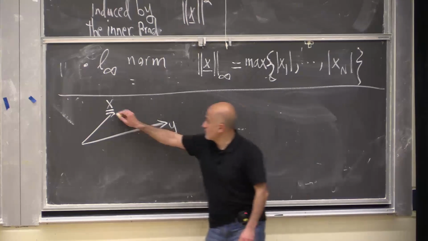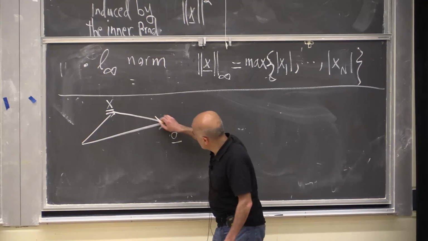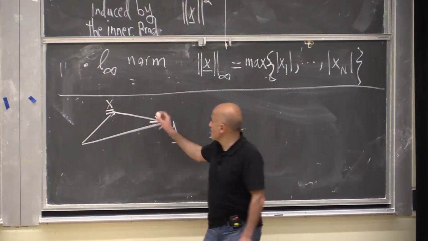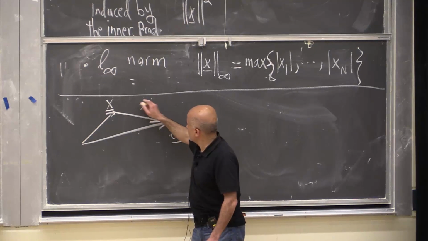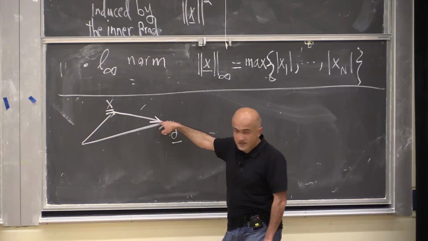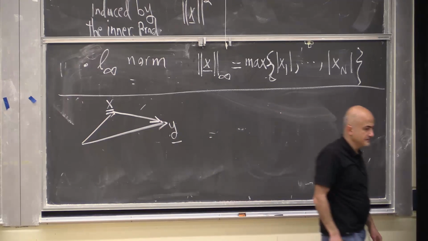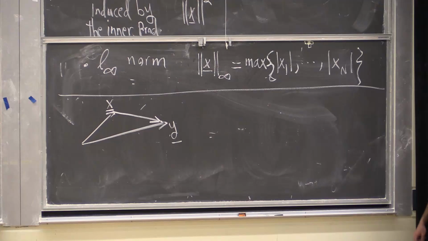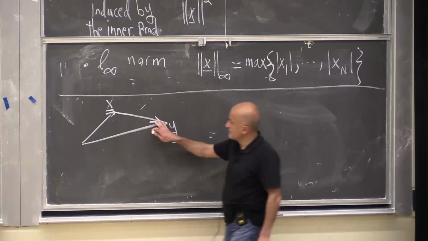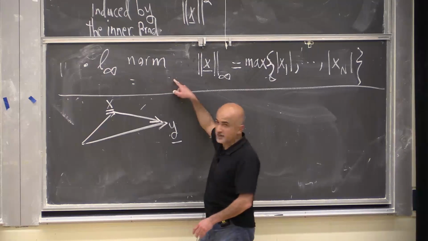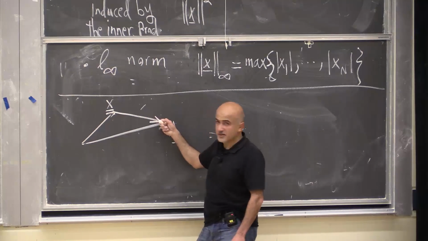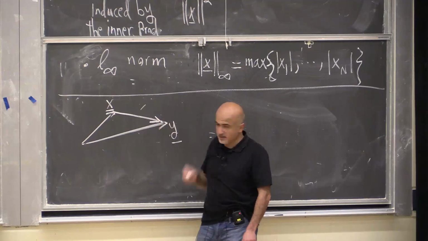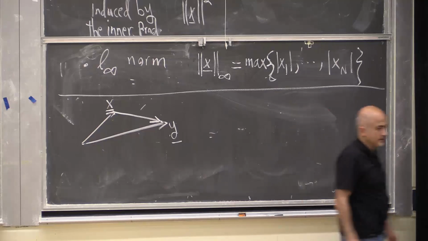So if I want to measure it this way, is this x minus y or y minus x? Let's see if you can remember. If I put the arrow here, x plus y is going to be the other diagonal, right? So I'm not doing that. This is going to be x minus y or y minus x. Tell your neighbor. Let's see how much you remember.